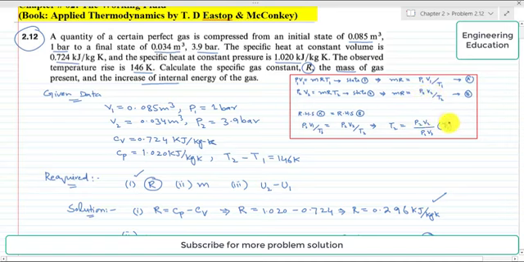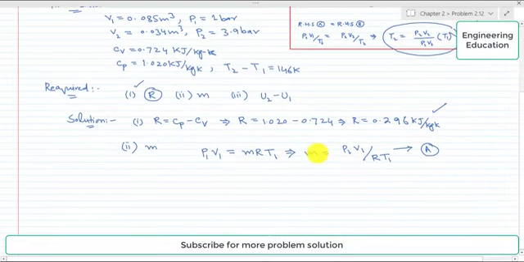We will have final expression for T2, and this expression can be used to find the value of T2 first in terms of T1. So directly using that expression, T2 is equal to P2 V2 over P1 V1 into T1.